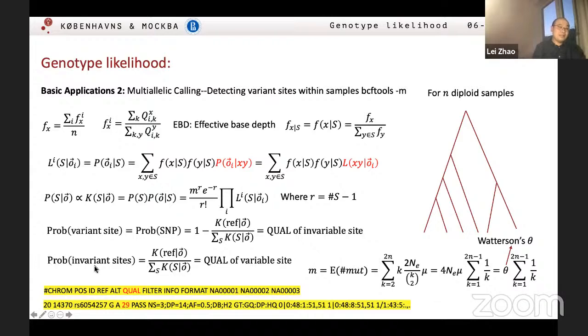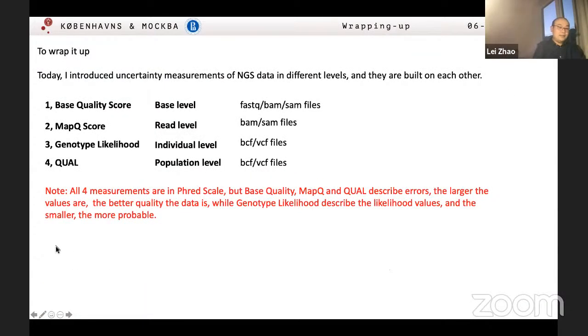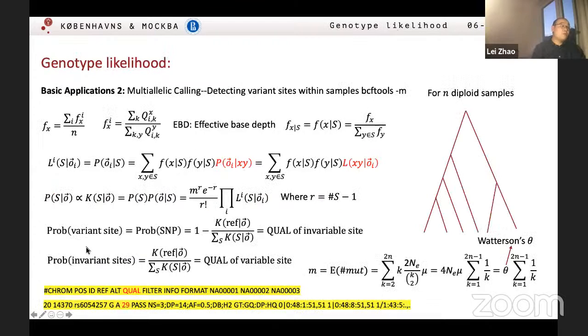Or maybe we can do it another way. We observe a variable site, but we calculate the probability of whether it is an invariable site. And this is called the QUAL score of this variable site. It is like an error. So if we take this as an example, we observe alternative A here, and we want to confirm whether this is a variable site or an invariable site.